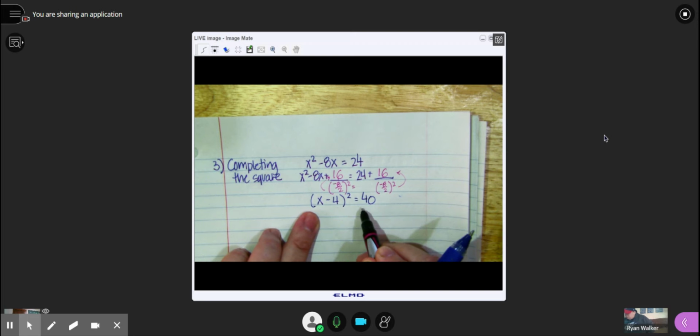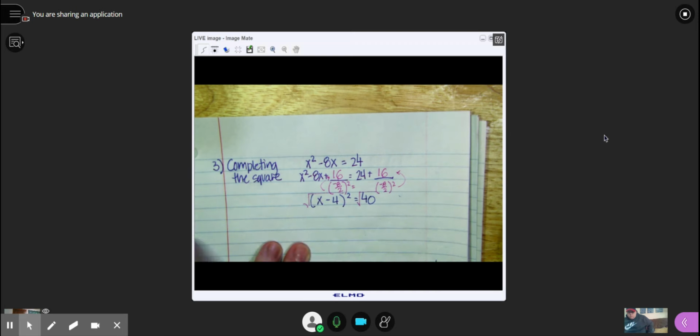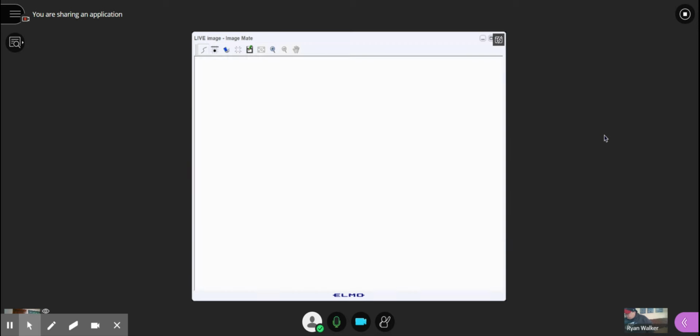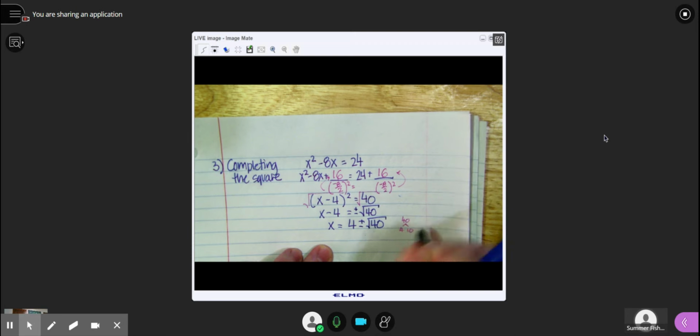Now I can use part 2 to take the square root of both sides. I can add 4 to both sides. And this would be a plus or minus square root of 40. And then I just need to simplify 40. So 40 is 4 times 10.